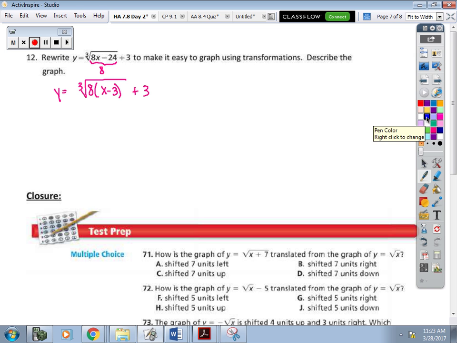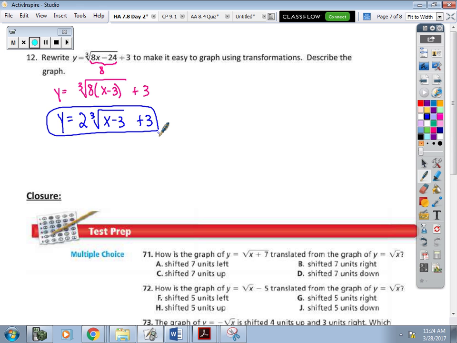And then we know the cube root of 8 is just 2, so that would become an outside number. Now remember, this is a cube root. So if we were describing this using words, we'd say the parent function is just the cube root of x.